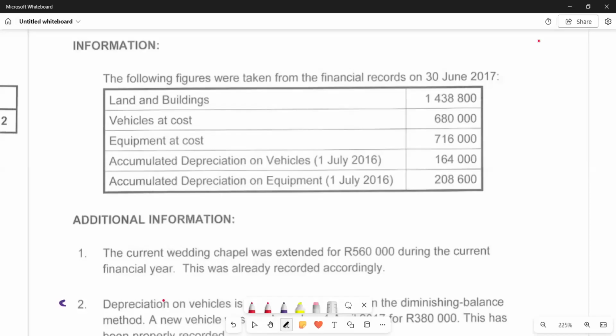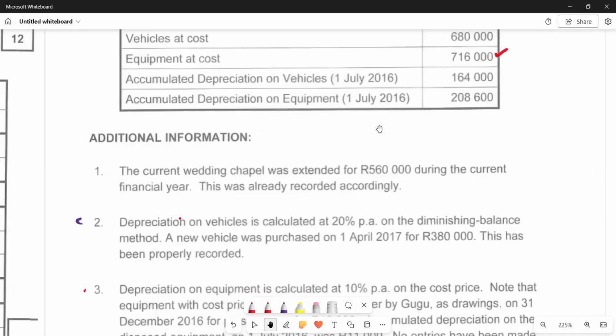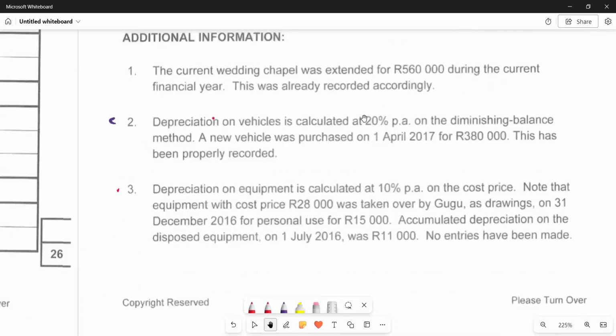Then we can go and see what we can do in terms of equipment. We see that for equipment again we're given 760,000. And then we try to see in the additional information if there is any other equipment movement given in the question. So if you come to number 3, it's saying depreciation on equipment is calculated at 10% per annum on the cost price. Note that equipment with a cost price of 28,000 was taken over by Google. So we've got equipment that went out.